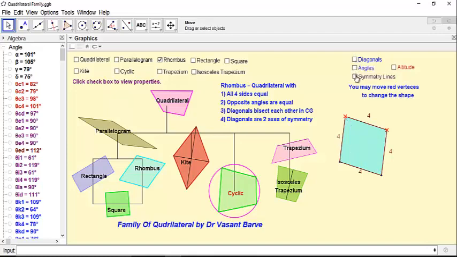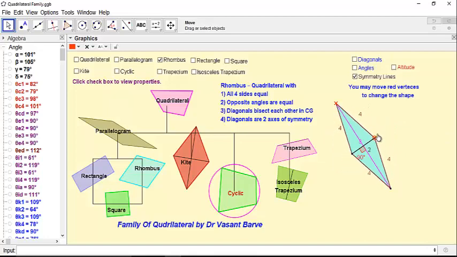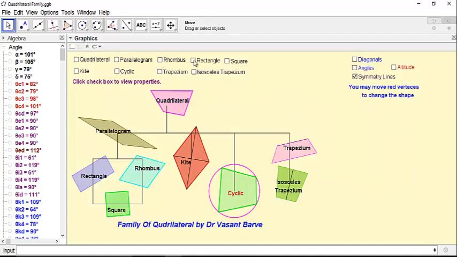You see that these two diagonals are also symmetry lines because they are dividing the rhombus into equal parts, the mirror images of each other. Now let's go ahead. You see that you may change all these shapes, etc., and still you will have the rhombus. Okay. Now let's see the rectangle.